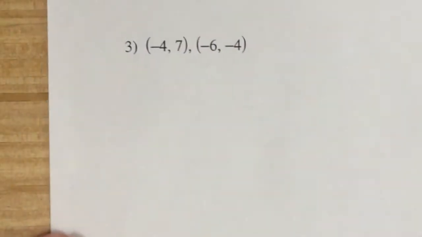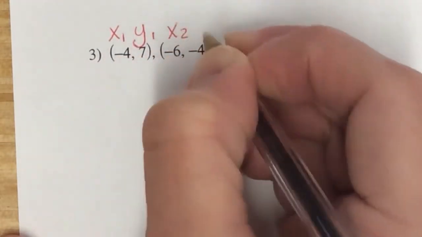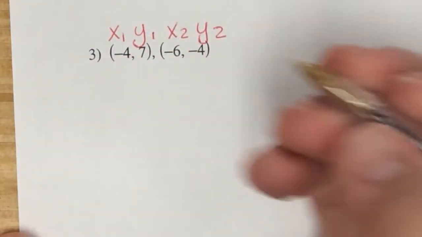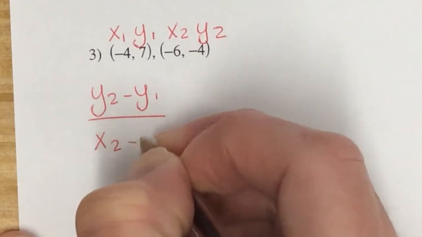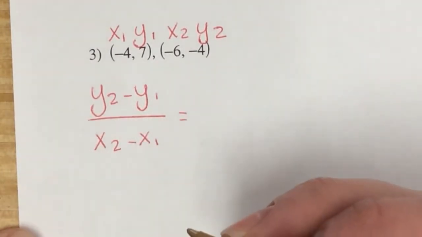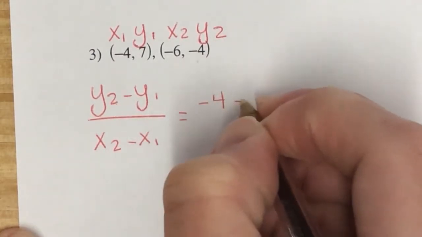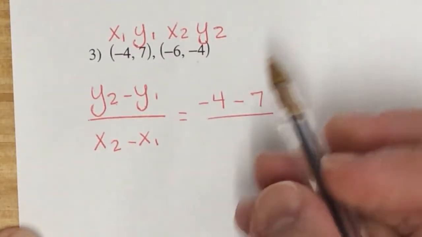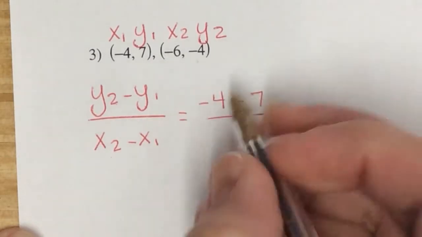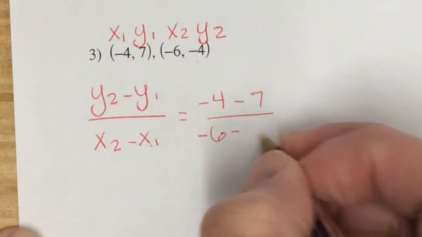Okay, I'll do one more. Again, make sure that you're showing all of the work for each problem. Label your points, x1, y1, x2, y2. Go ahead and write down your formula, y2 minus y1, x2 minus x1. y2 is -4 minus y1 is 7. x2 is -6 minus x1 is -4.